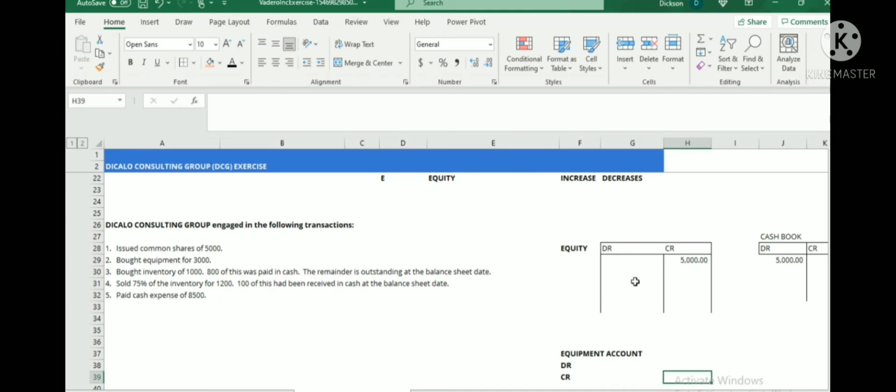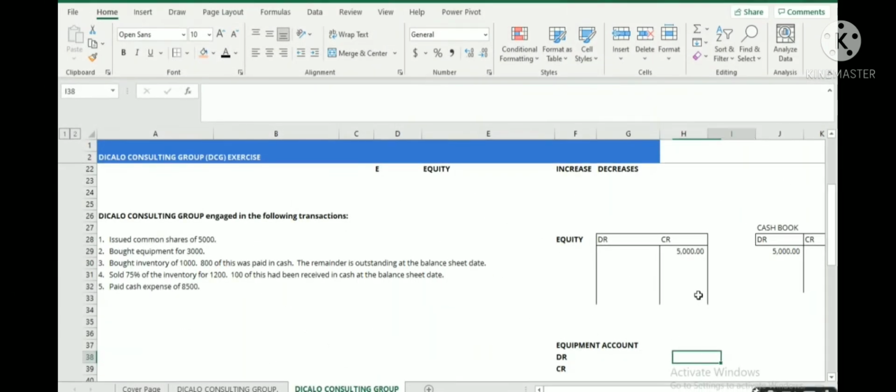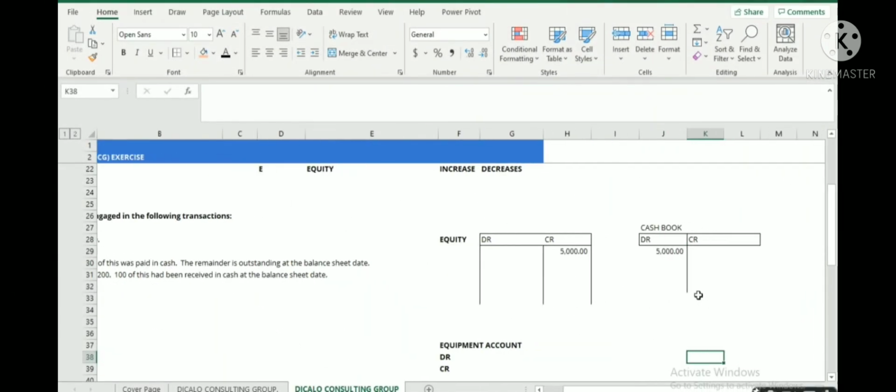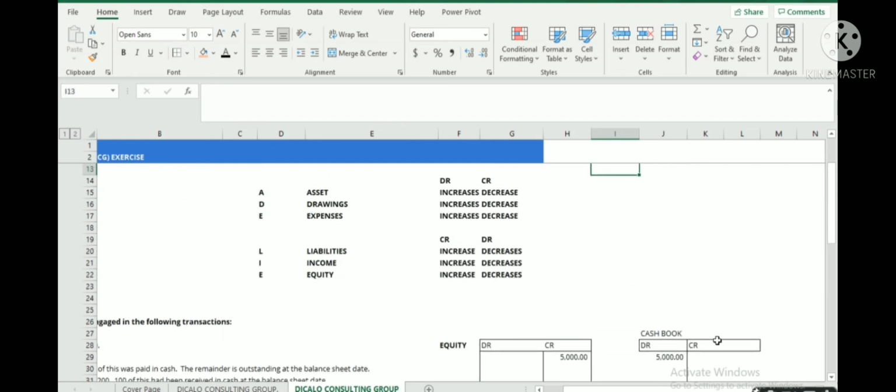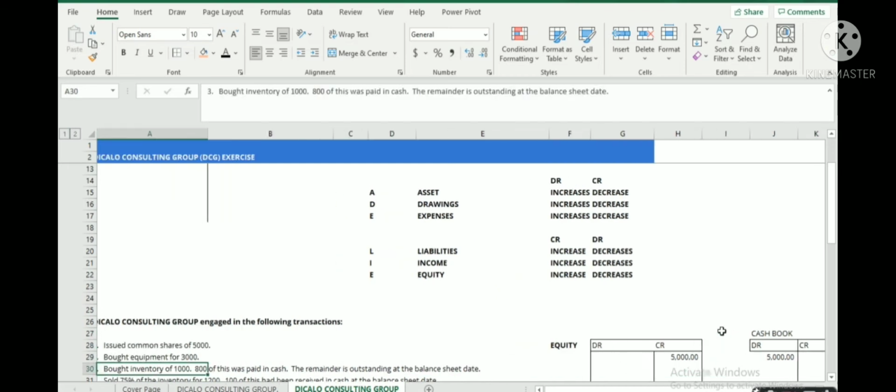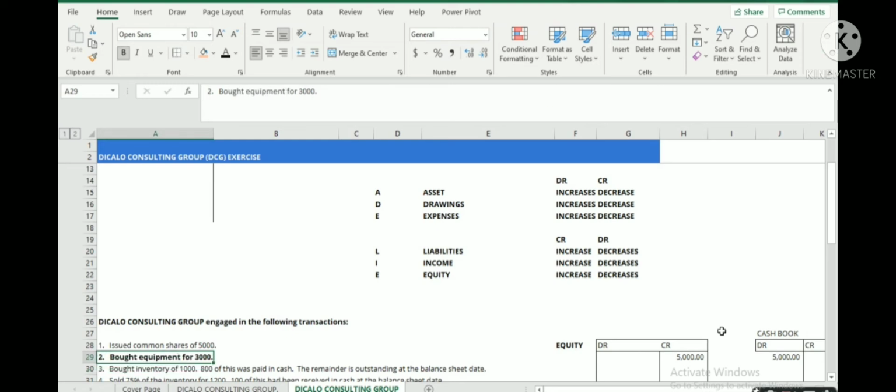Now the asset, which was cash, will be reducing by how much? By 3,000. And we already know that if assets are increasing, we should debit. If assets are reducing, we should do what? Credit. So since we are buying this asset and paying cash, and we already have a ledger account here for cash, once we make the purchase of this asset for 3,000, we are going to credit our cash account.